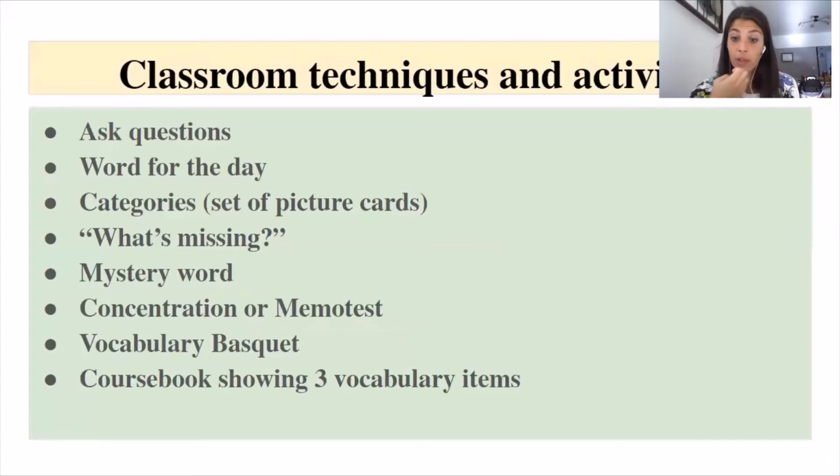Then, word for the day. We have to select a specific word we will focus on each day. For example, we are learning jungle animals. The first day, we can see different species. And the second day, they can bring different words related to the jungle.